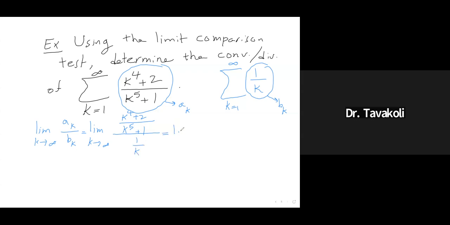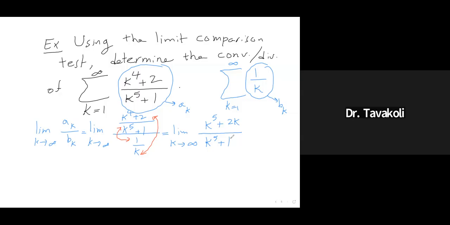Let's simplify this fraction using basic algebra. k times (k to the 4 plus 2) goes to the top. The product of these two is k to the 5 plus 2k. And the product of these two goes to the bottom, which is k to the 5 plus 1.